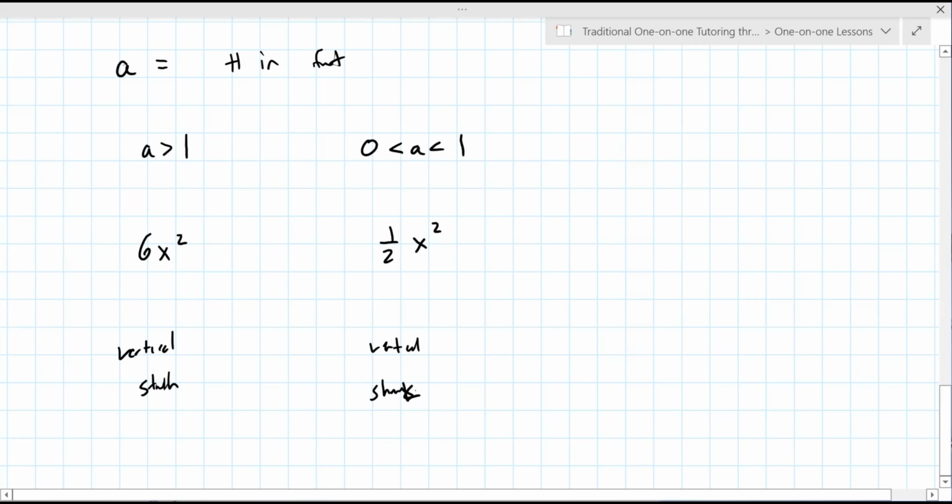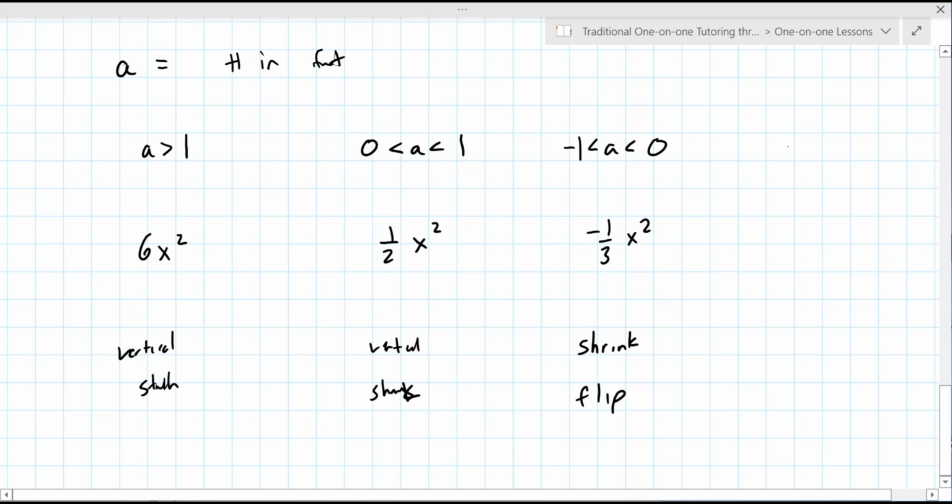But then what if A is between -1 and 0? So like -1/3 x squared. So now this has two things going on. It's a vertical shrink and a reflection. Better to use reflection than flip.